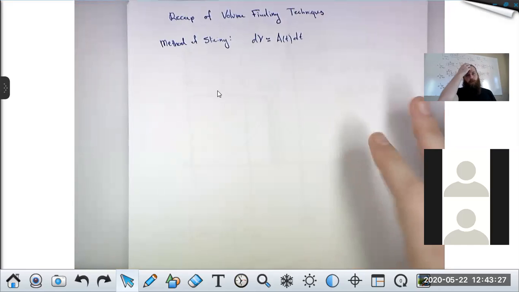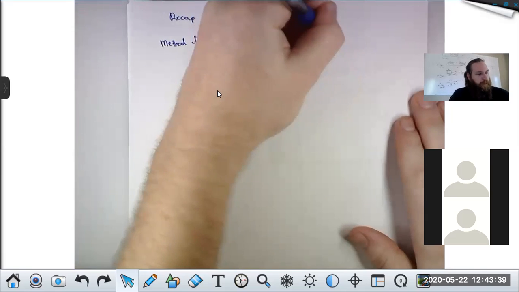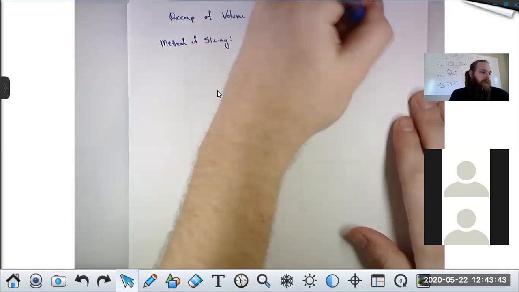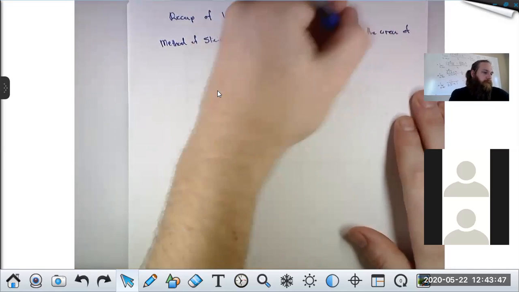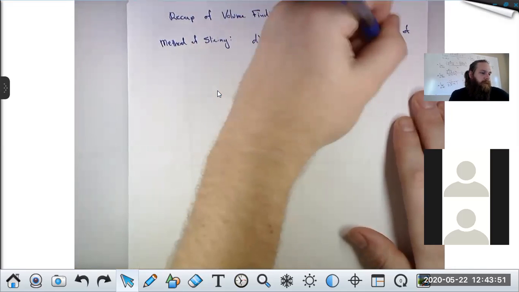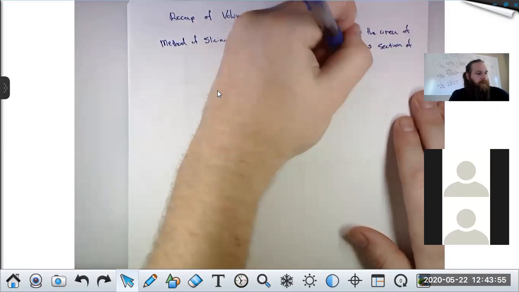I'm going to use the variable t here because sometimes it'll be a y, sometimes it'll be an x, and I don't want you to always memorize it one way or another. So where A of t is the cross section, is the area of a cross section of the solid.